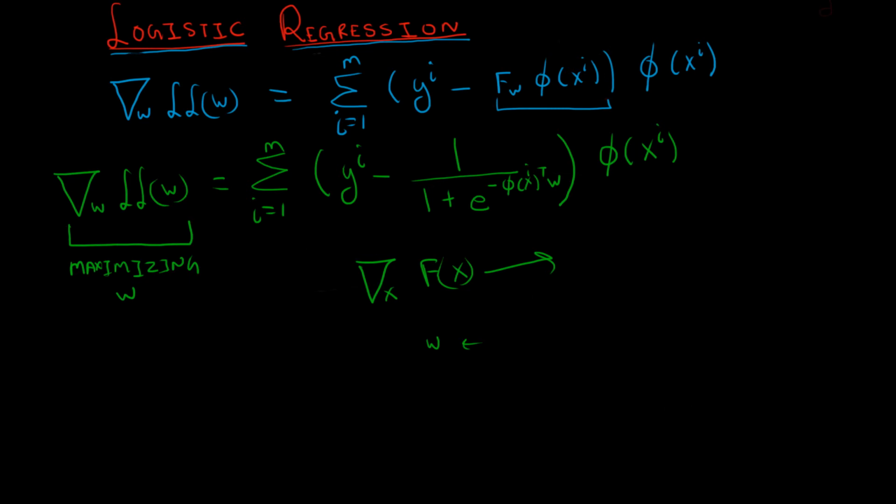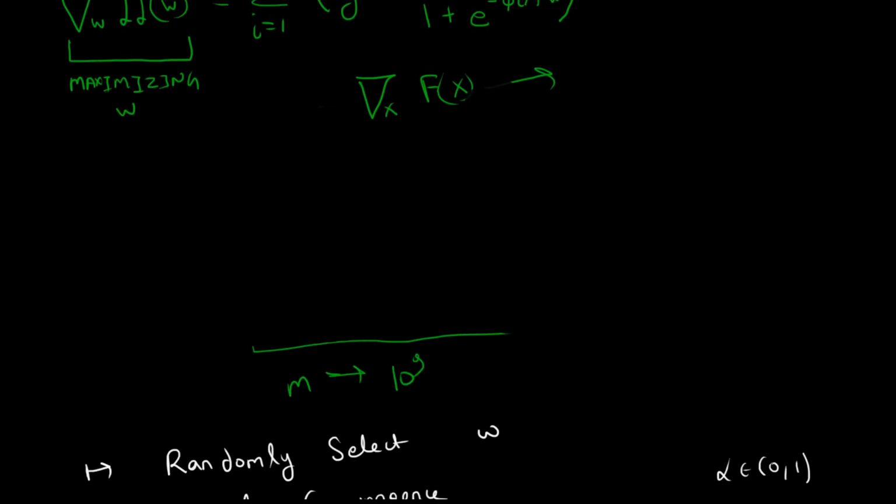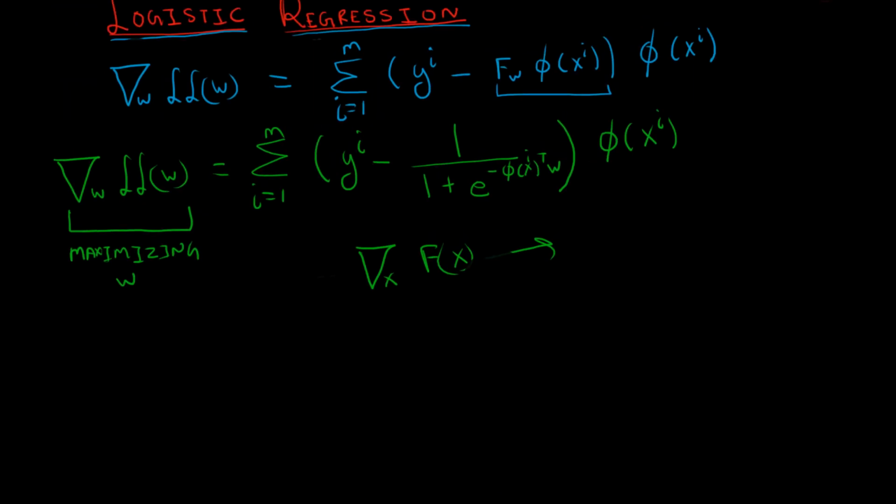Since we are maximizing, we update the parameters w in the direction of the gradient. So we get the gradient ascent algorithm.